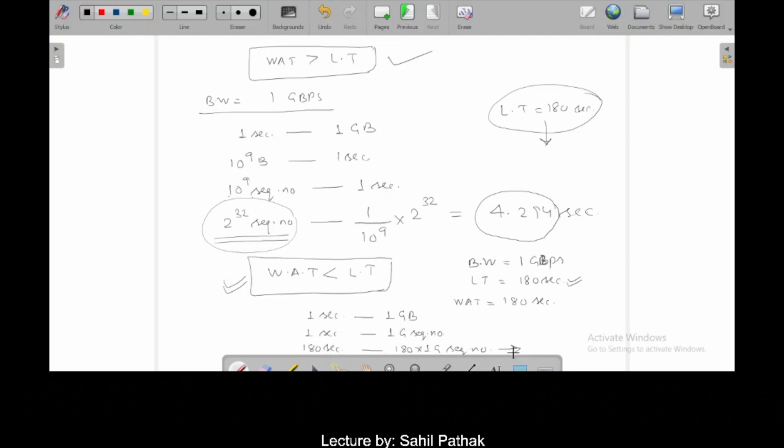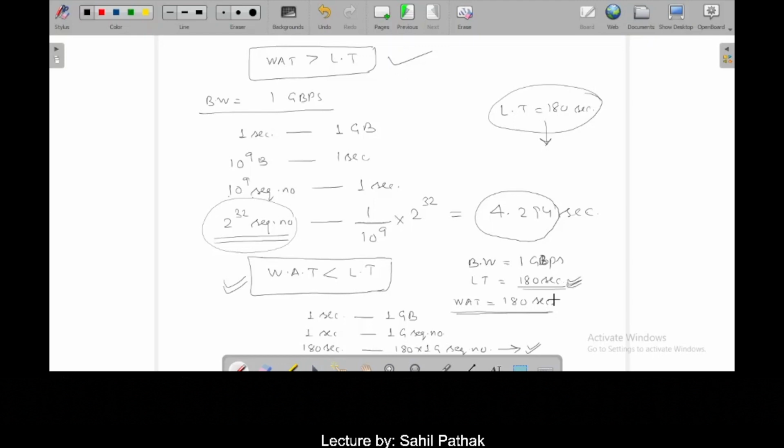इतने मेरे पास अगर सीक्वेंस नंबर अवेलेबल हैं, then I don't have any problem, क्योंकि उस केस में मेरे पास रैप अराउंड टाइम कितना होगा? 180 सेकंड होगा, और रैप अराउंड टाइम 180 सेकंड है, लाइफ टाइम भी 180 सेकंड है. ठीक है, that means कि 180 सेकंड में पुराने वाले तो सब लाइव रहेंगे नहीं, और मैं दोबारा से रीयूज कर सकता हूँ.